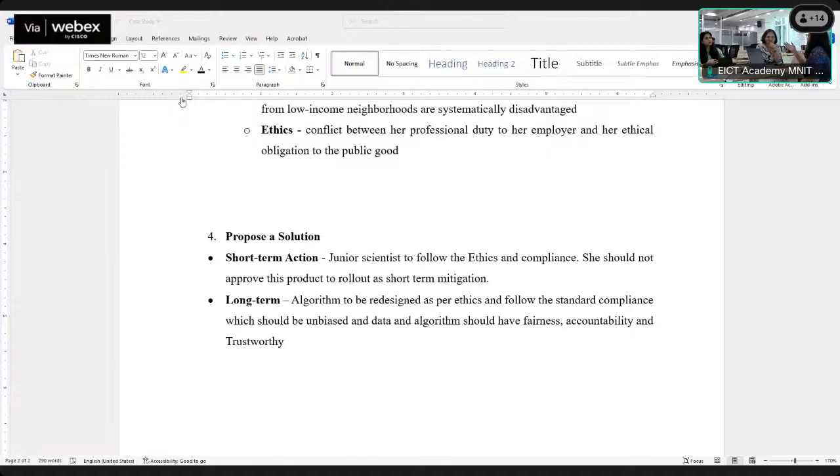So we all discussed, Vartika, Divya, Smriti, Sachin, and myself, Labisha. We are taking up the Sentinel system case study and the discussion points. I will start with the first discussion point, which is identifying ethical conflict. We could come up with 3 ethical conflicts. One was efficiency versus justice in the true sense.